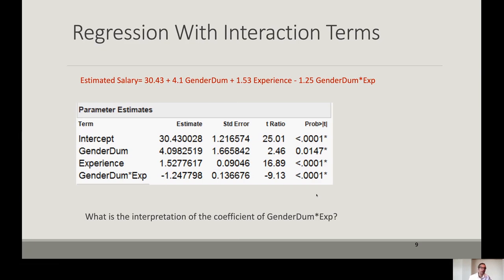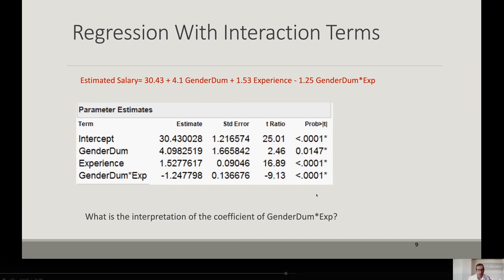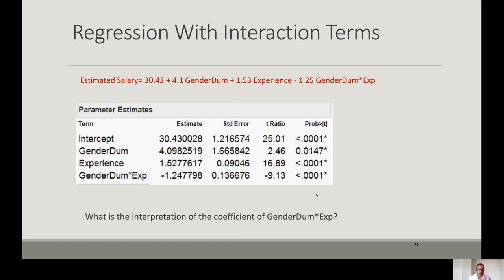So when we want to write the estimated salary for males, we can plug in the value of the gender dummy variable as equal to 0 in the equation that we see here on the slide. So when we do that, the second term will become 0. The second term is 4.1 times gender dummy.